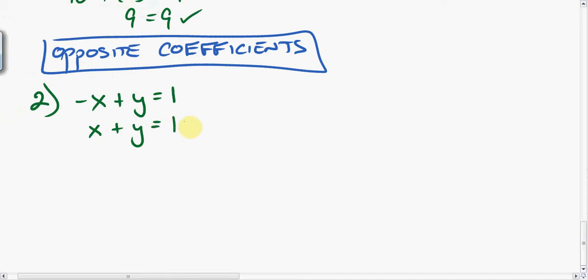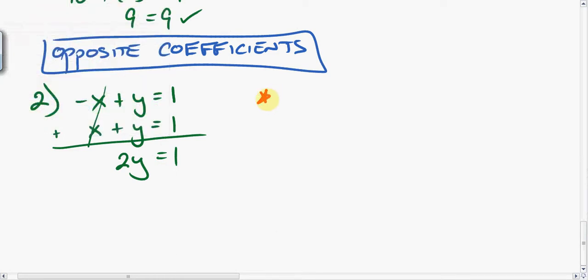When you have opposites, again, you want to cancel. So when you have opposites, in order to cancel, you're simply going to add the two equations together. Negative x plus positive x cancels, and y plus y is 2y, and 1 plus 1 is 2.